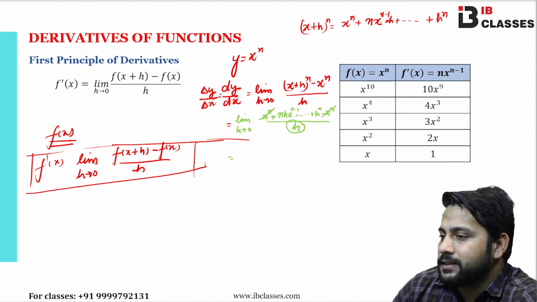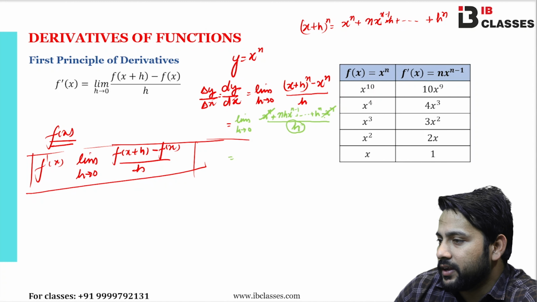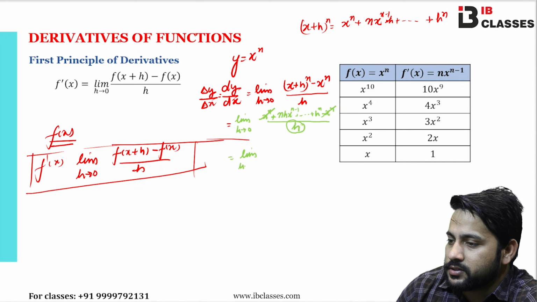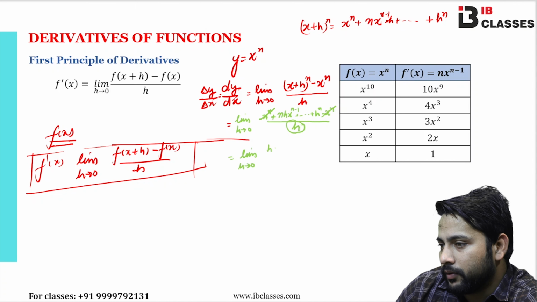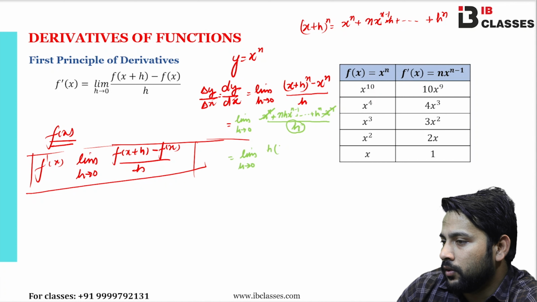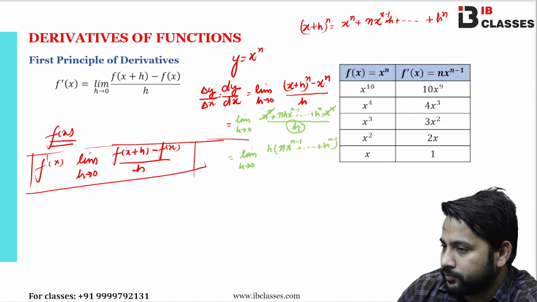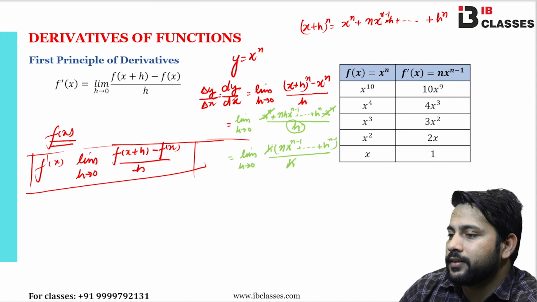So as we can see that each term in the numerator has h as common, so it will be limit h tends to 0 on taking common factor h outside. So we'll be having n x raised to the power n minus 1 and all the terms containing h here. This h and h will cancel each other.